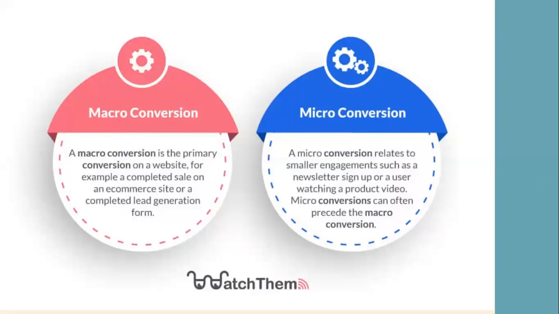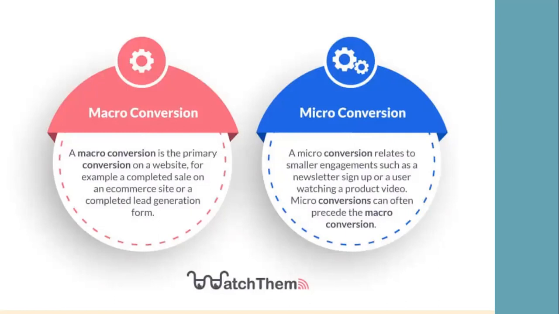They have the monetary aspects to the organization. Basically, these are the sales or the leads that are generated. So at macro conversion, the journey of the user finishes, right? It marks the end of the user journey.